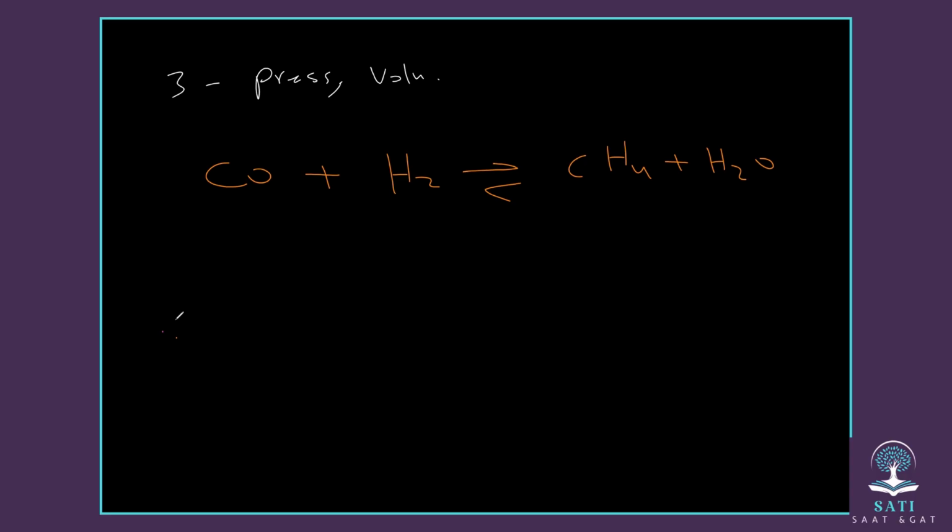We have to balance it first, and we write the state of each of them. Here is gas, and here is gas, and here is gas, and here is gas. So all of them, as you see, are gases.